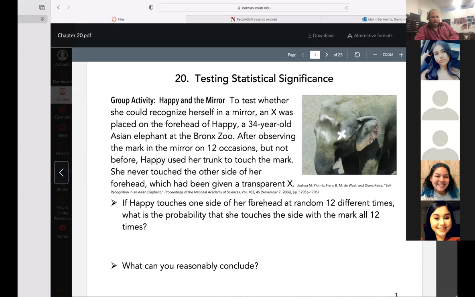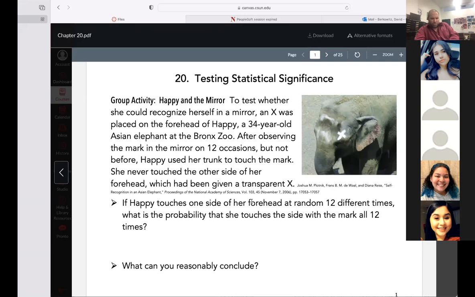After observing the mark in the mirror on 12 occasions, but not before, Happy used her trunk to touch the mark. She never touched the other side of her forehead, which had been given a transparent X.